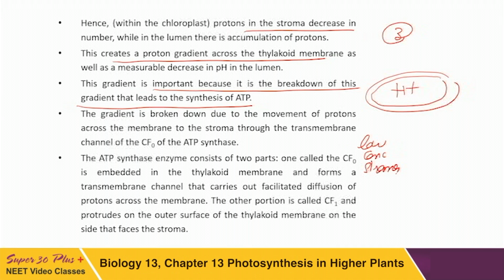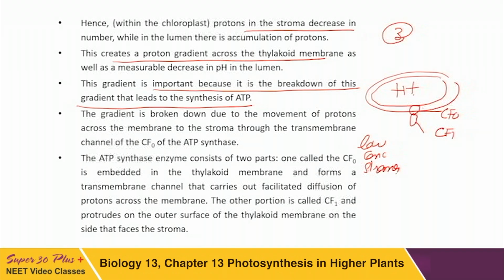These protons cannot come out into the stroma through the membrane of the chloroplast, because it is impermeable. But in the membrane of the chloroplast we have the ATP synthetase enzyme. This very part that lies in the membrane is known as CF0, and the part which is projected in stroma is called CF1.